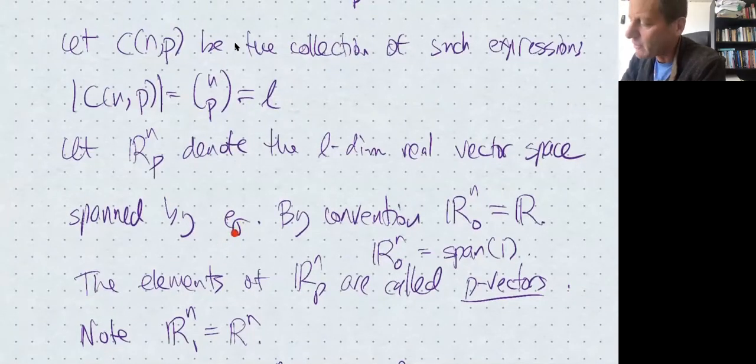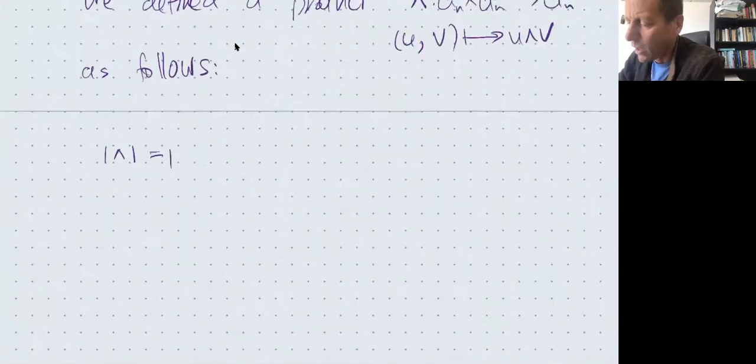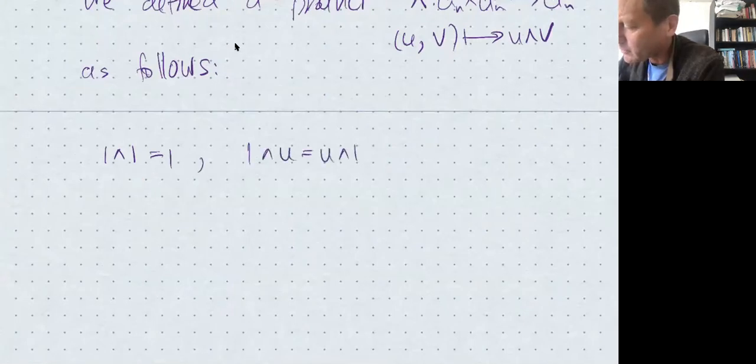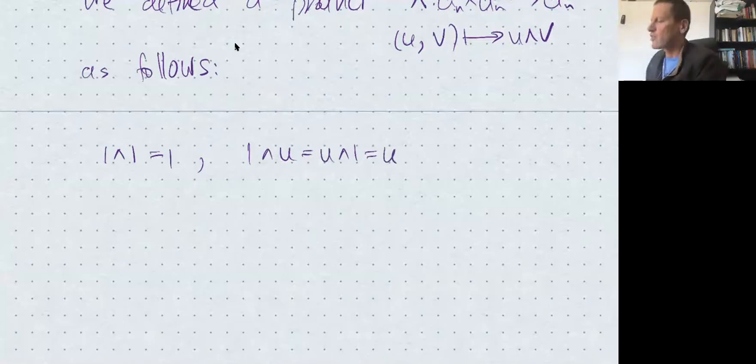It has length 0, and we're just denoting it by 1, and it lives in Rn0. So 1 wedged with itself gives 1. 1 wedged with anything else doesn't change it. So 1 is like an identity for this multiplication rule that I'm defining.